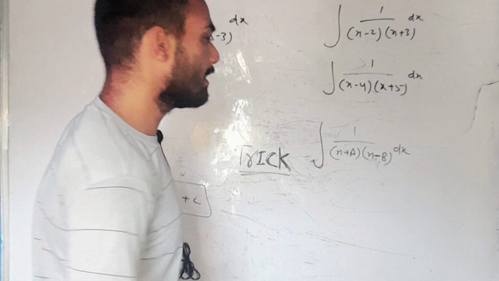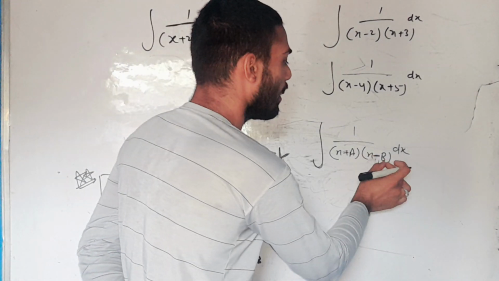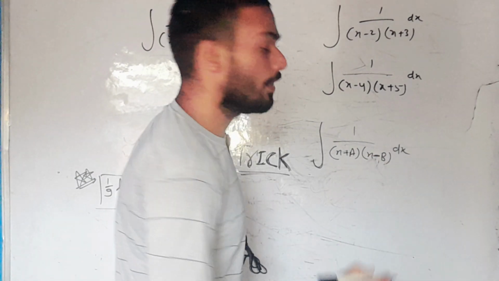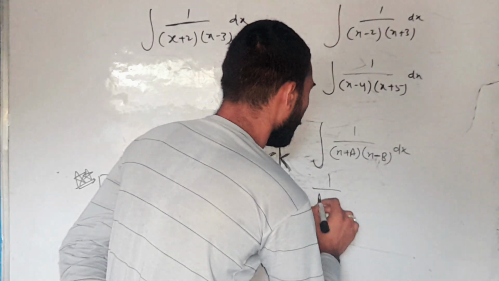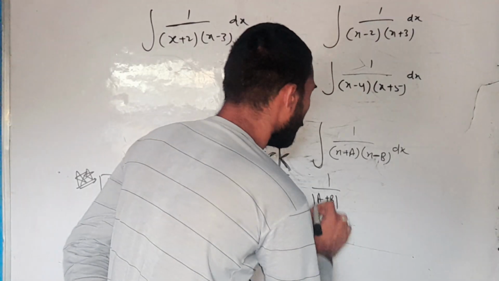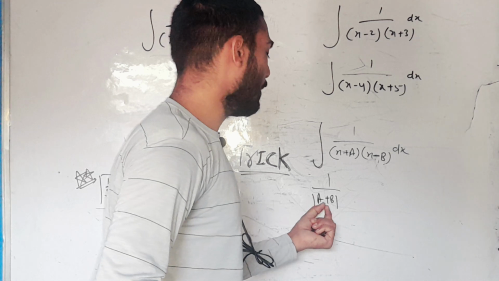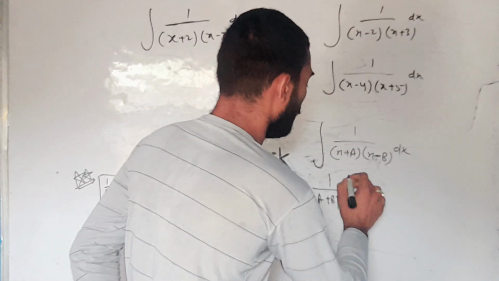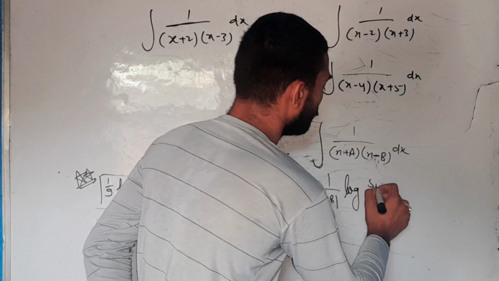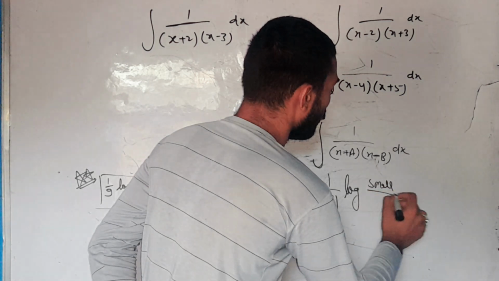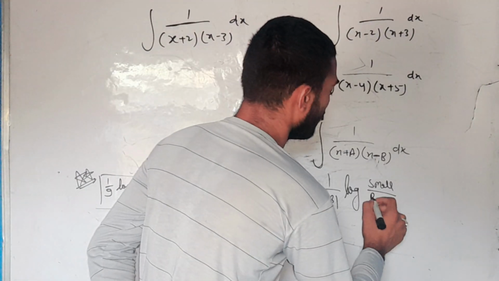The trick is to add a and b, taking the magnitude of a plus b, then log small over big.